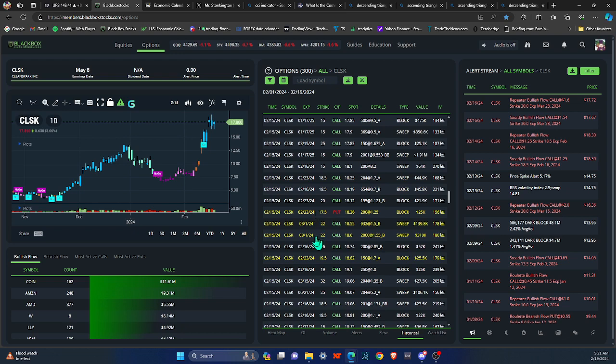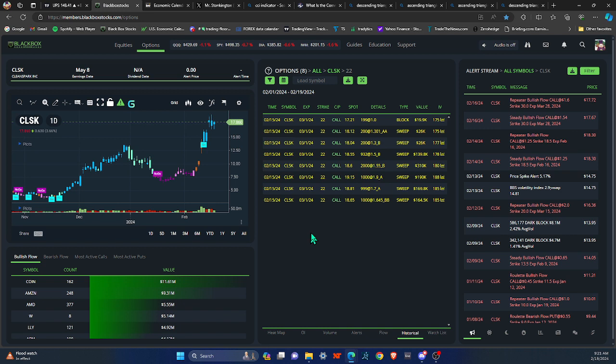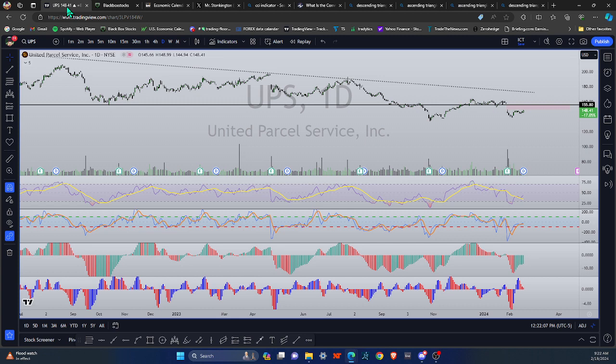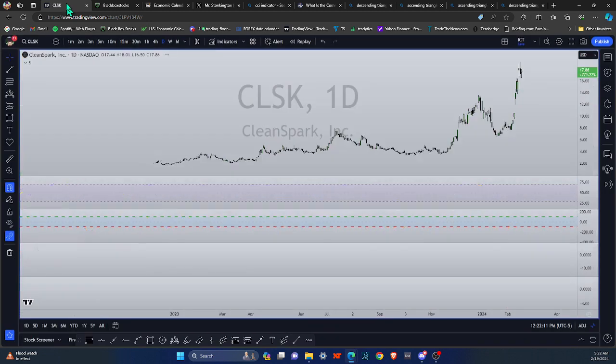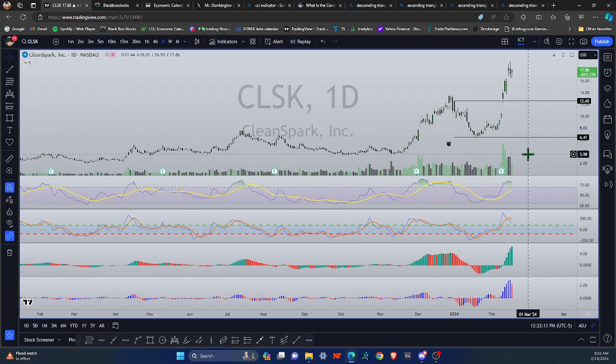Yeah, let's see, it cooled off a little bit back here. Kind of flipping bid ask, not really very clean on these. IV drop, interesting. Let's take a look at that chart because those are shorter dated. Wow.